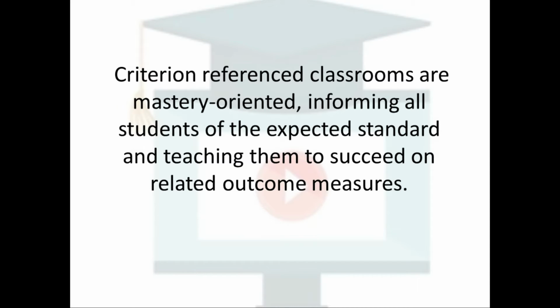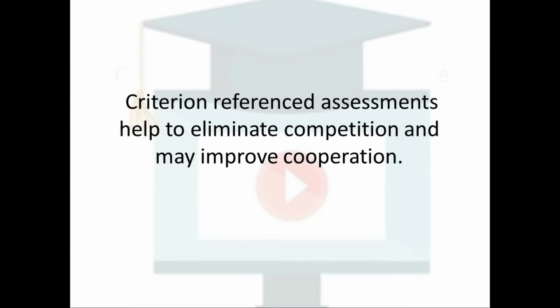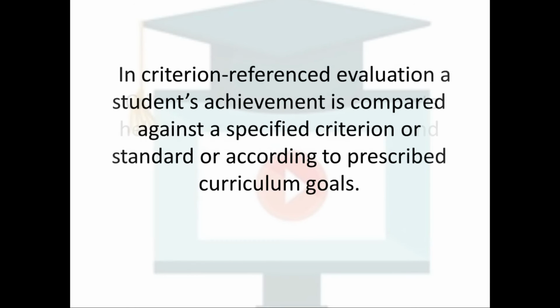Criterion-referenced classrooms are mastery-oriented, informing all students of the expected standard and teaching them to succeed on related outcome measures. Criterion-referenced assessments help to eliminate competition and may improve cooperation.